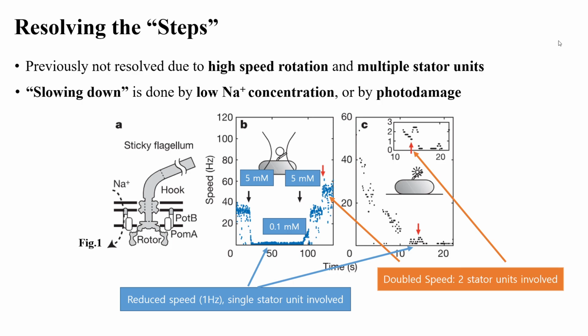We see that by recovery of the sodium concentration or just by random fluctuations, sometimes the speed is doubled. This is the point where the stator unit converts from one stator unit activated to two stator units activated.